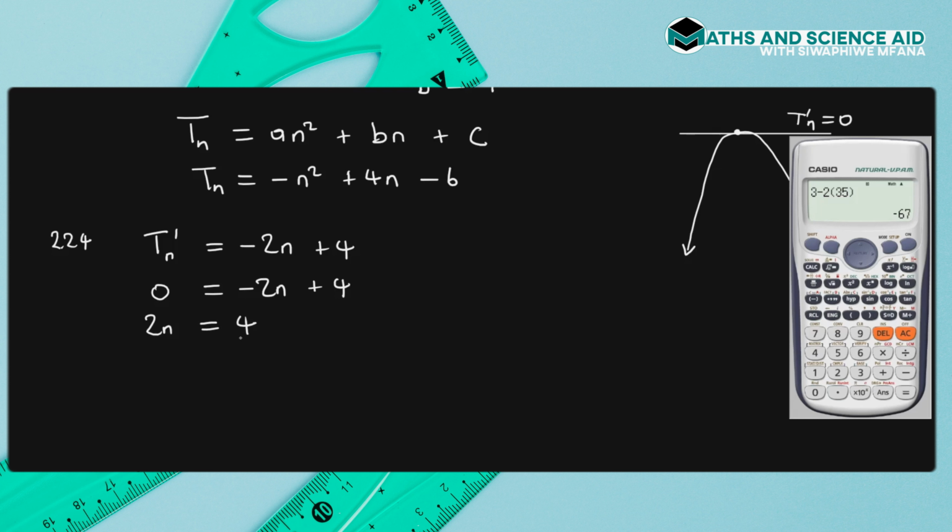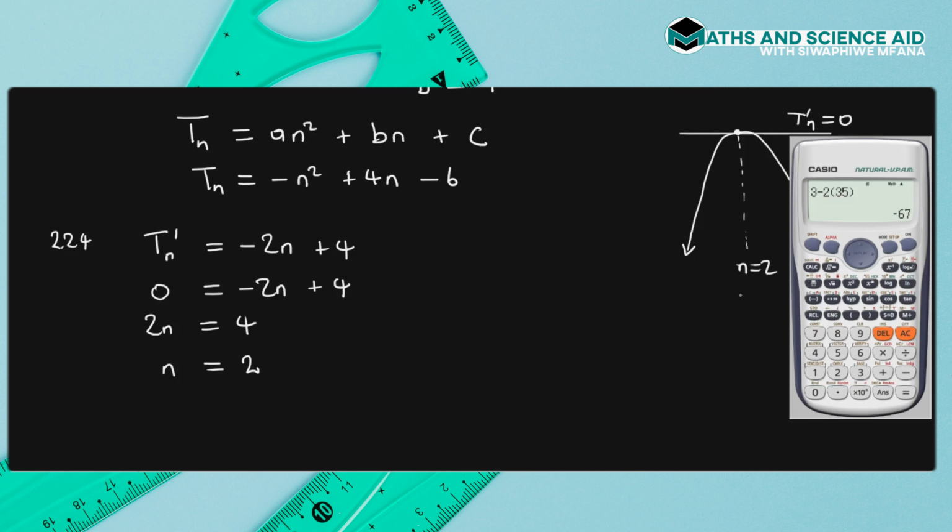And then if we divide by 2 on both sides of the equation, we are going to get 4 over 2, which is equal to 2. All right, so what does this mean? This means that the turning point is at n equal to 2. The value of n there is 2.